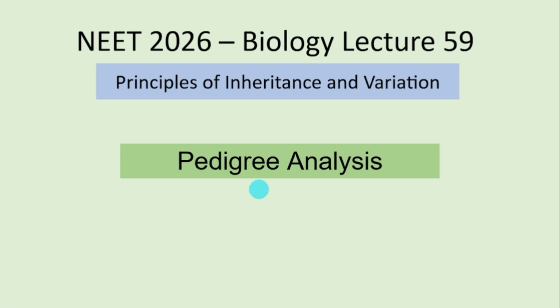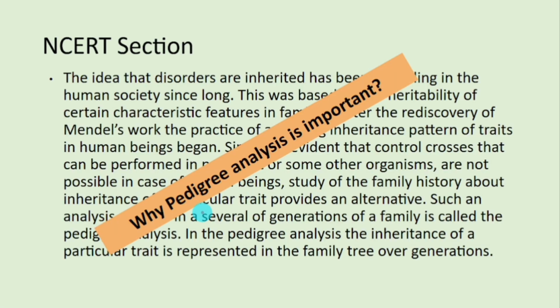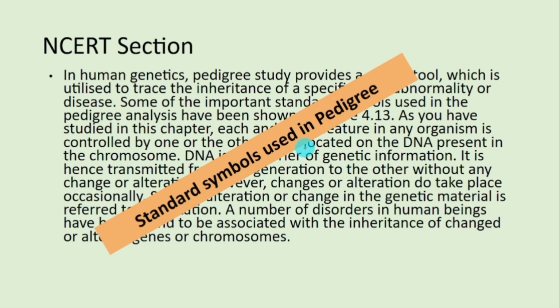This is the only way to gain confidence in this particular topic. There are two sections. In the first section, you will understand why pedigree analysis is important. And in the second one, you will understand the standard symbols which are used to represent pedigree chart.